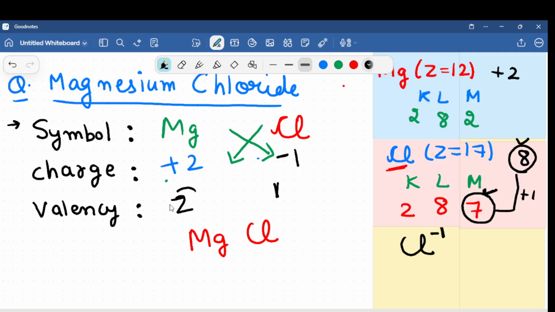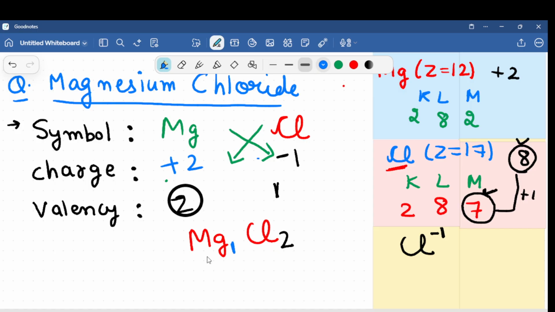So 2 we will write in the bottom right of chlorine, and 1 of this chlorine we will write in the bottom right of magnesium.